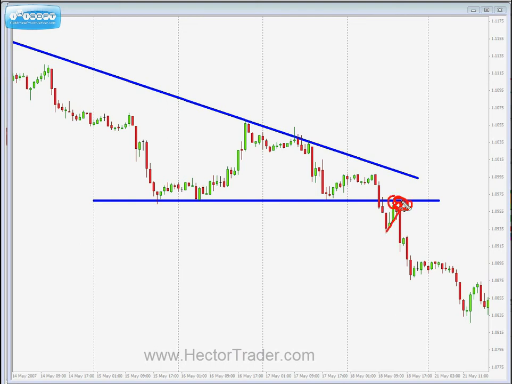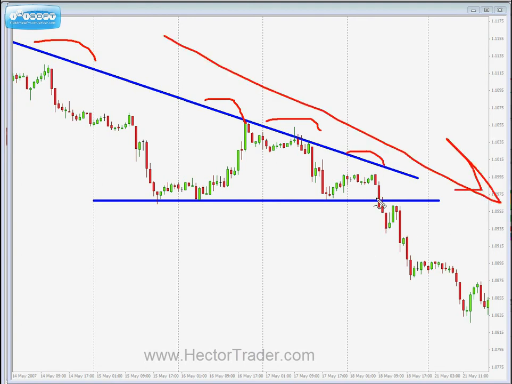It finds resistance there, and then once again we have the continuation part of the breakout with a long red bar, a long momentum bar. It means that bears are definitely in control. Not only have they been building pressure all throughout the triangle, building pressure to the downside, but they've had a clean breakout.